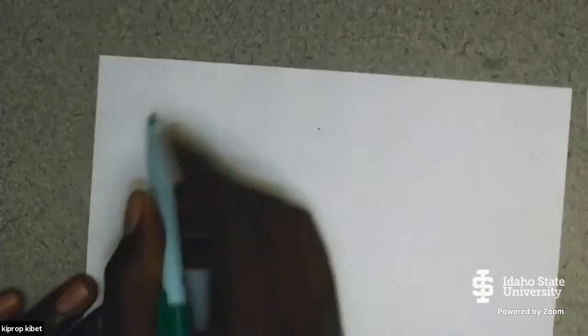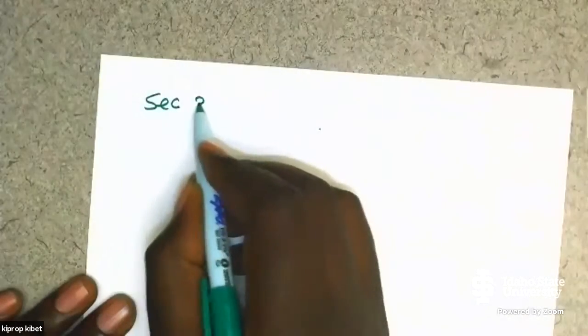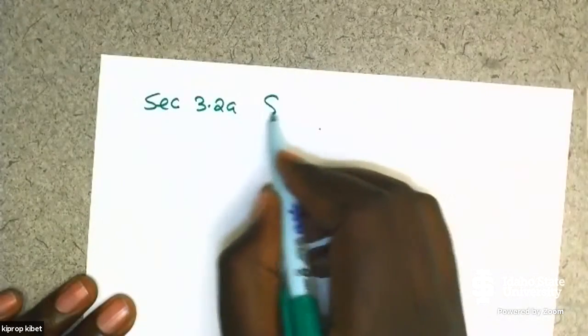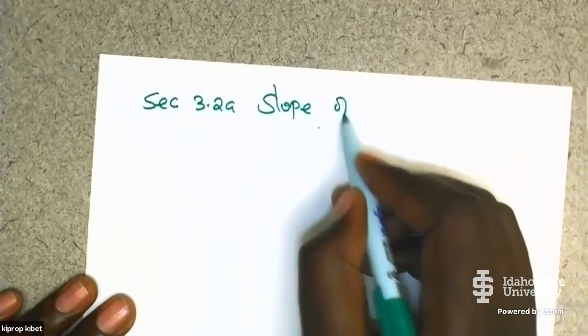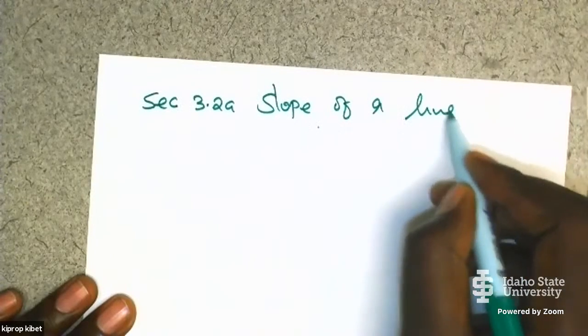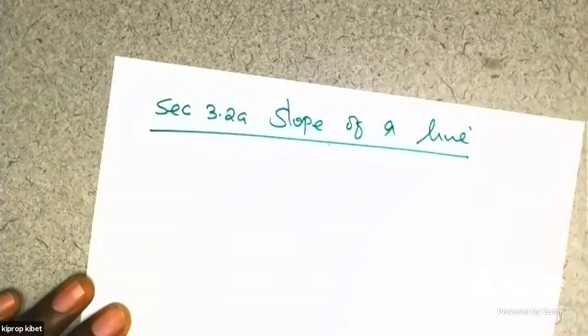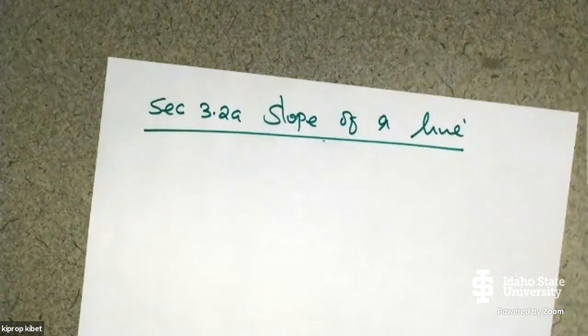Okay, so let's come to section 3.2, the slope of a line. So what is the slope of a line?